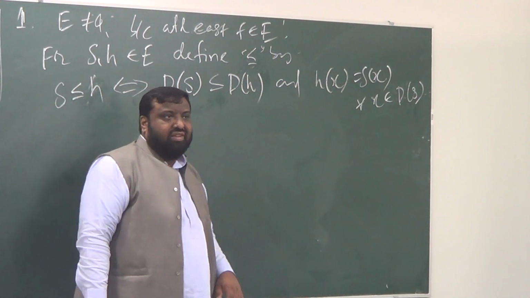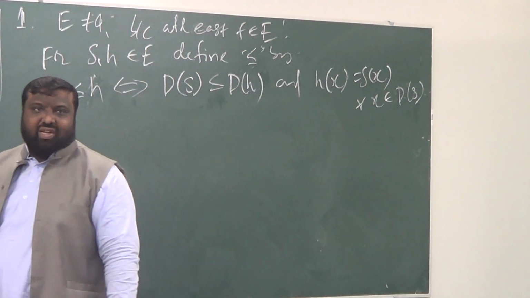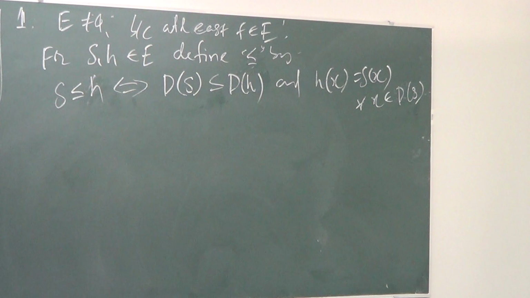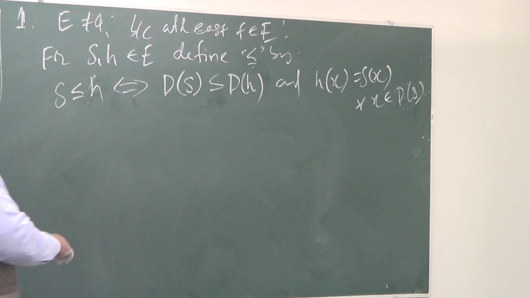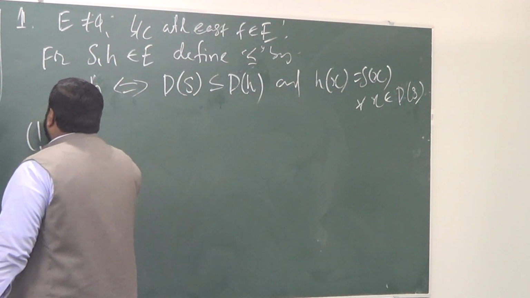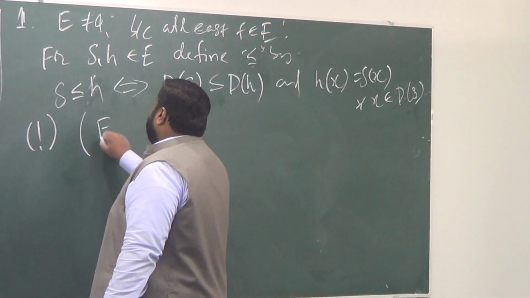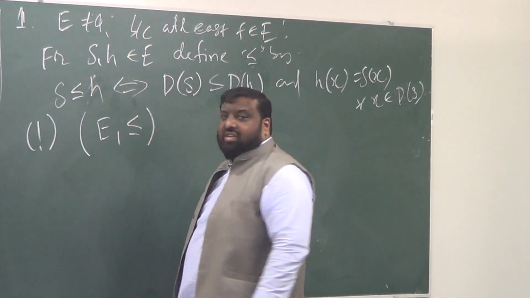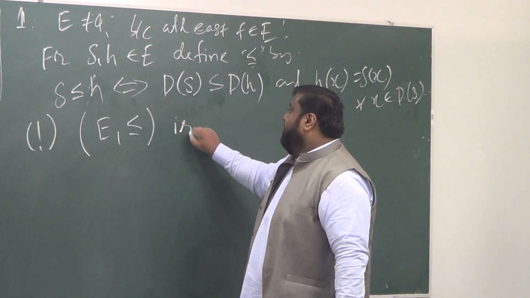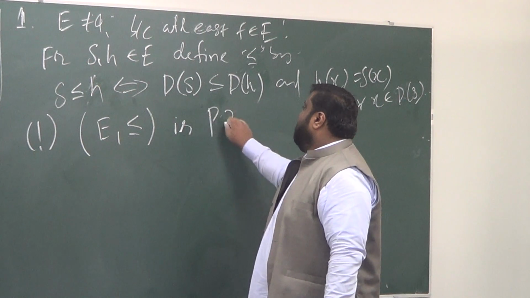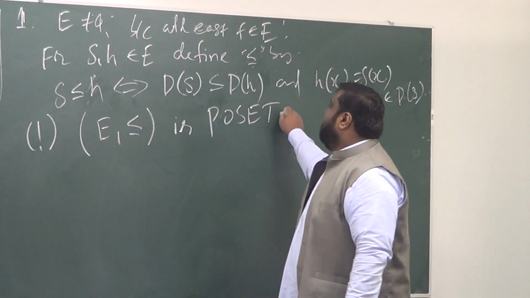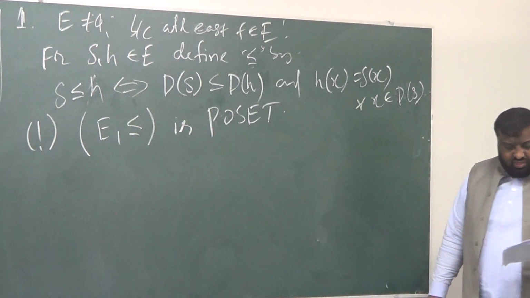So there's nothing difficult in proving that this is a partial order. But you must verify. You must write a proof, a very clear proof of it. So what you need to verify is that this E with this order is a poset. It's a poset. So verify.